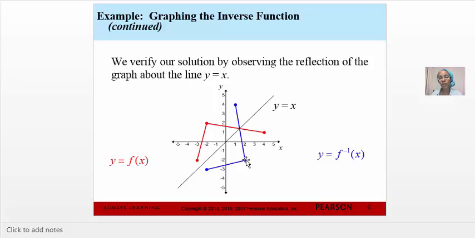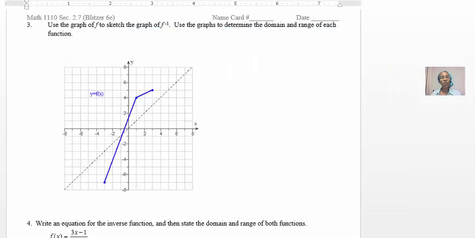So if I have the graph of one, I can get the graph of the other by using this reflective relationship. So let's use the graph of our function f that's given to sketch the graph of f inverse.